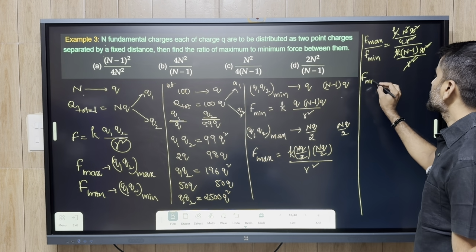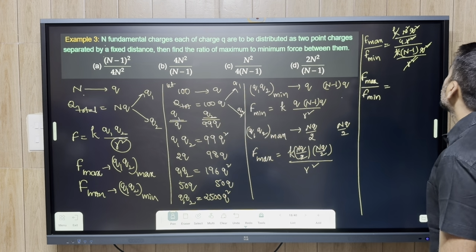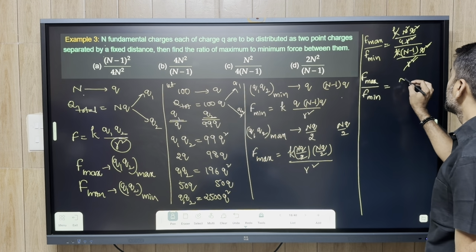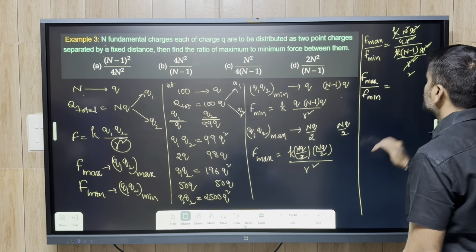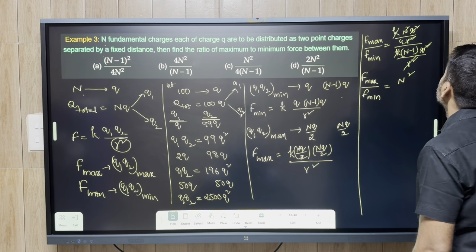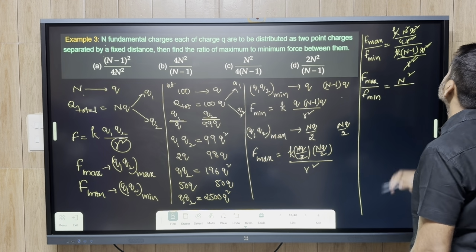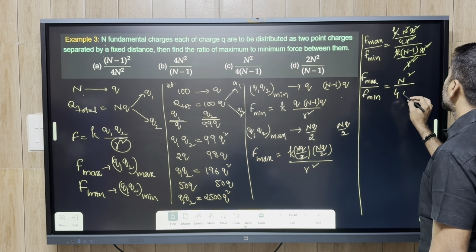What are we remained with? F max by F minimum is equal to n square by 4 times n minus 1.